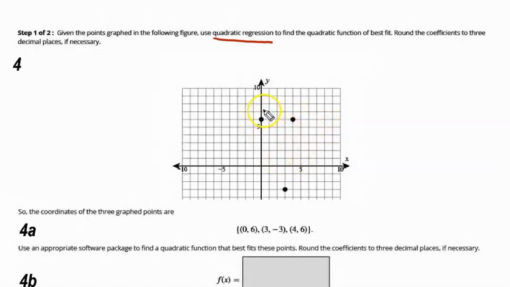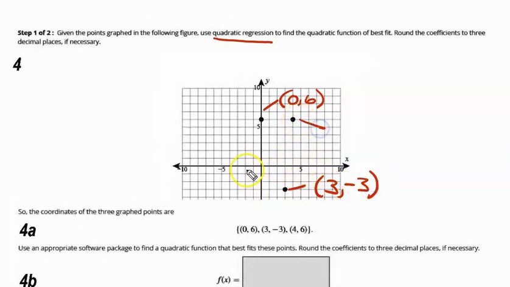So this one, it would be (0, 6). This one is (3, -3).